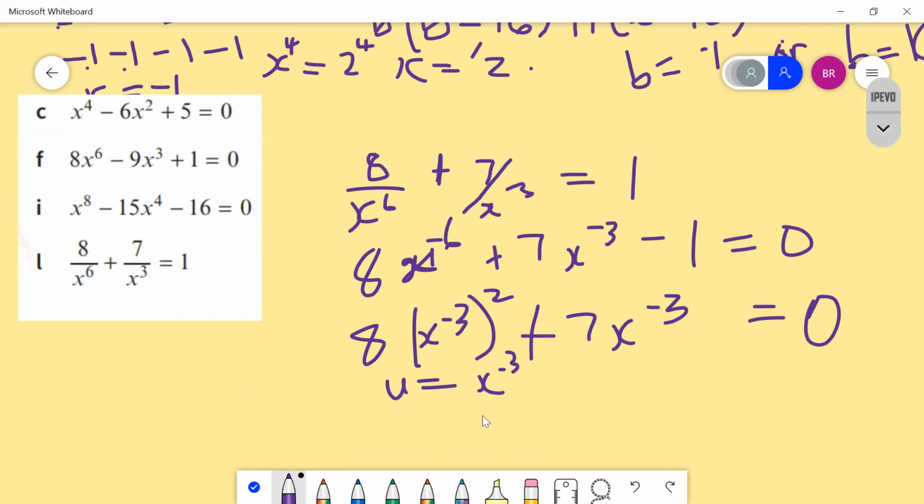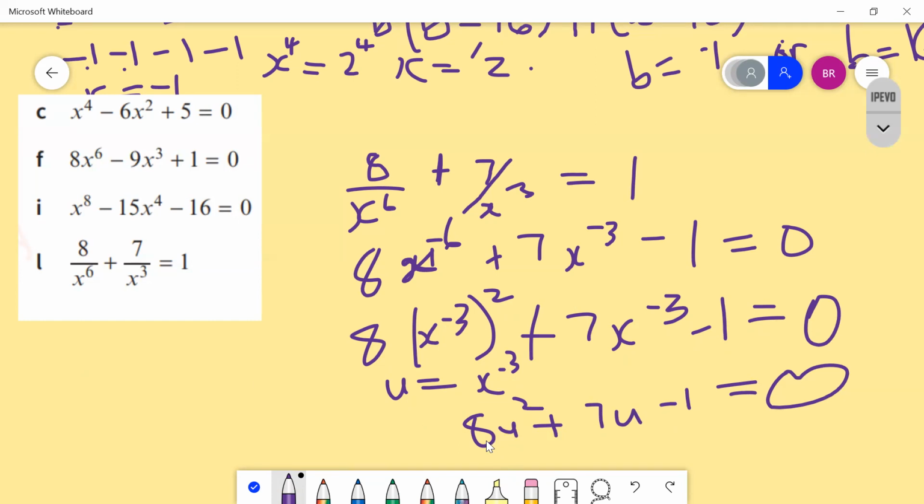Now, let us say u is equal to x to the power of minus 3. This means 8u to the power of 2, of course, plus 7u minus 1 is equal to 0. This means that we find factors of minus 8 that give us 7. If we say 8 and minus 1, we're going to get a 7.